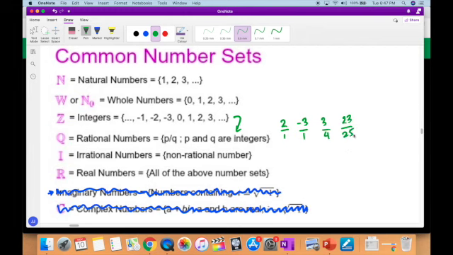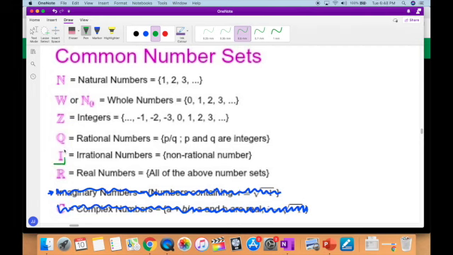These are not integers, so these are in your rational numbers set as well. So you can see as we go down, the sets keep getting bigger and bigger, right?